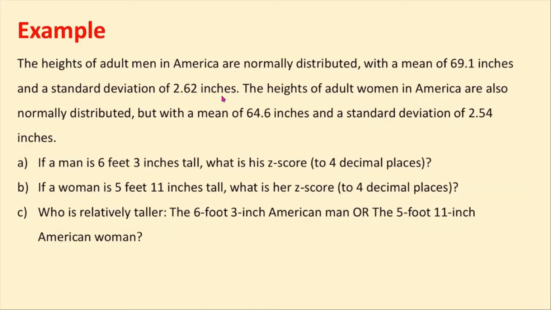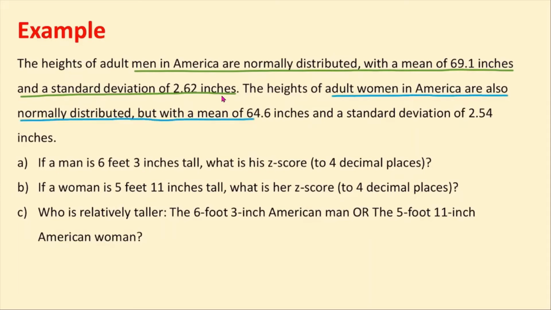Similarly, in the question, what they said is the height of adult women in America is also normally distributed. Now you can see in this case, the mean is 64.6 inches and standard deviation 2.54 inches.